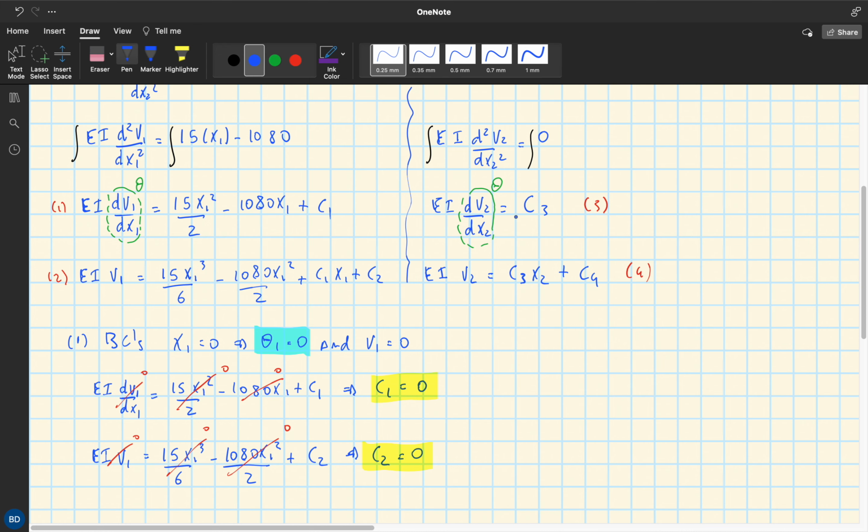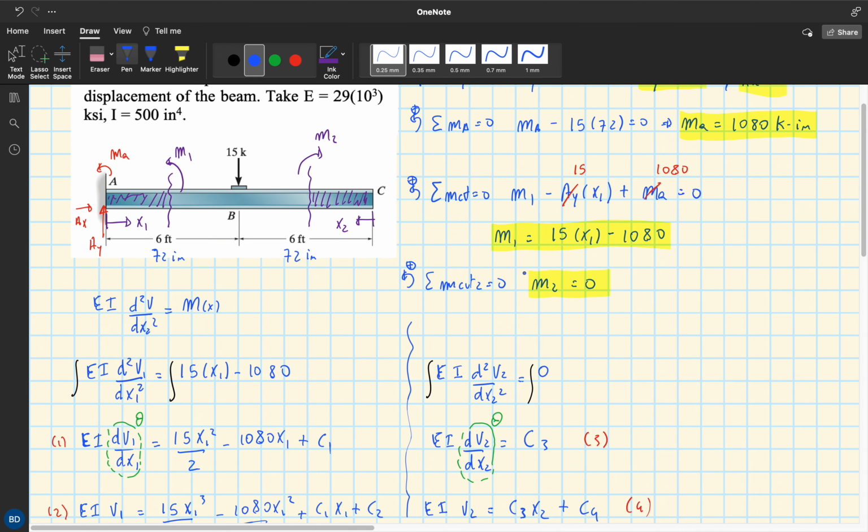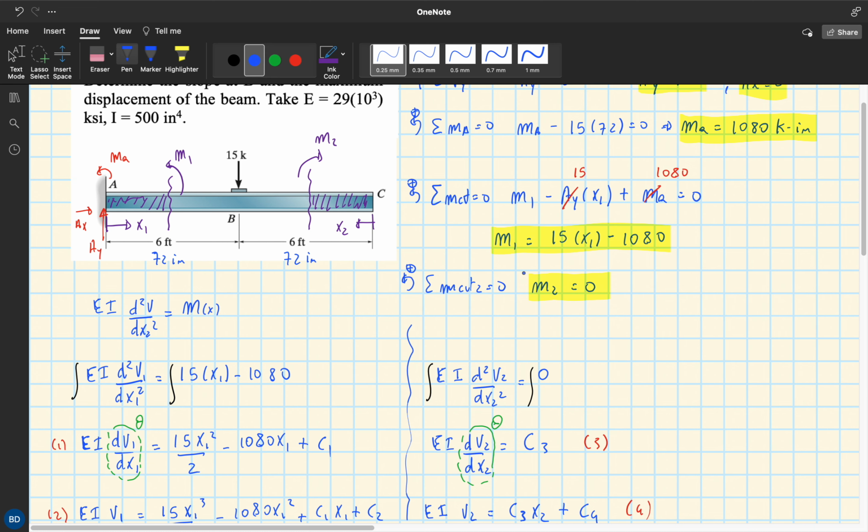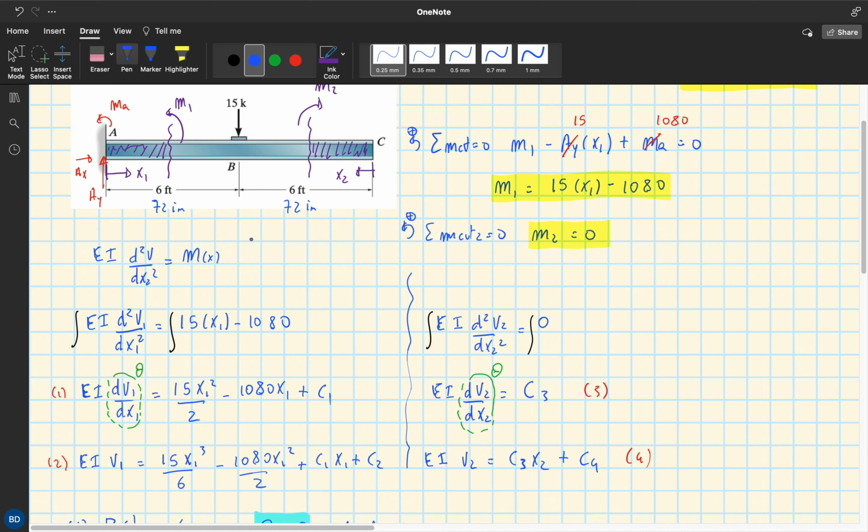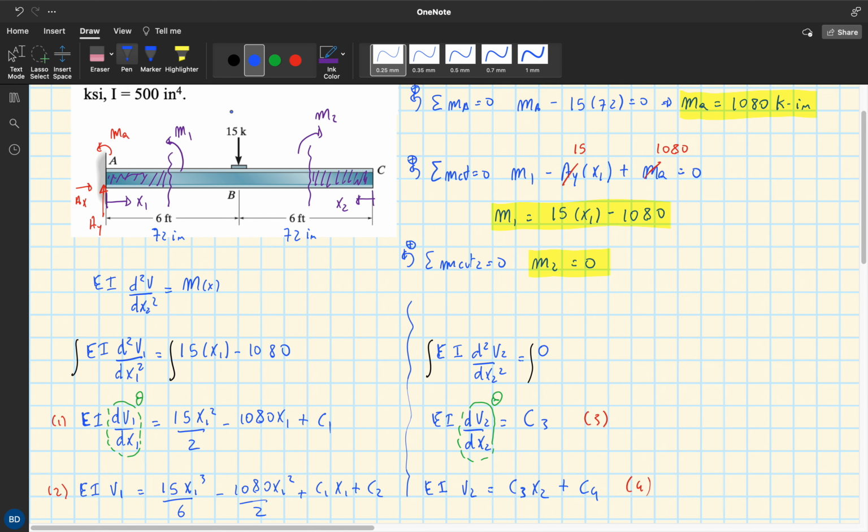The way we are going to find those two is to use the continuity conditions now. For the continuity condition, the deflection of this beam is going to be something like this. It is a beam that has a free end on the right side, and we only have the fixed support right here. Let me use a dark color, I'm going to use red.